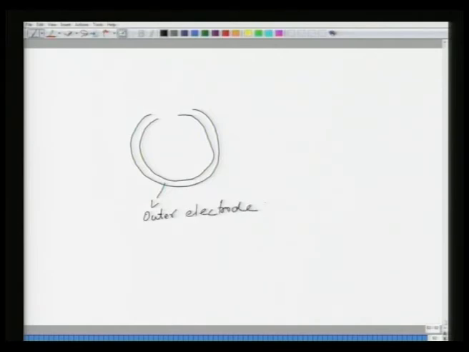Okay, and then you have, so if I shade it like this, this would be your outer electrode, and then in the middle you have electrolyte.